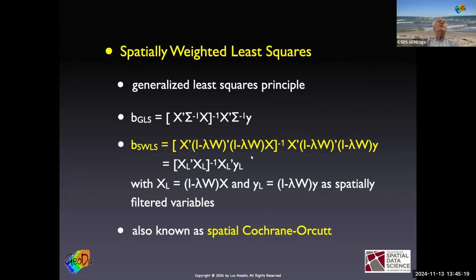So in time series, this would be y_t minus rho y_{t-1}. Here, it's not that easy because we don't have a specified definition of a neighbor, and instead we use this concept of a spatially lagged variable, which in essence is an average of the values at the neighboring locations.